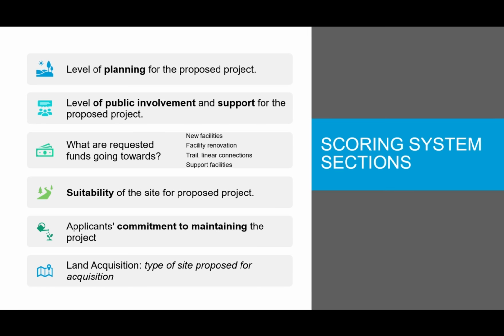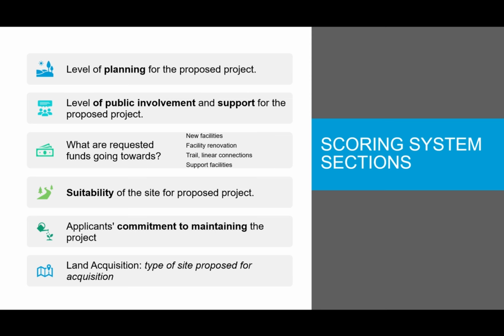The items that we'll review today that are in the scoring system are the level of planning for the proposed project, the level of public involvement and support for the project, what the funds are requested for. So are you putting in new facilities, renovating facilities, building trails, or adding support facilities to your park.